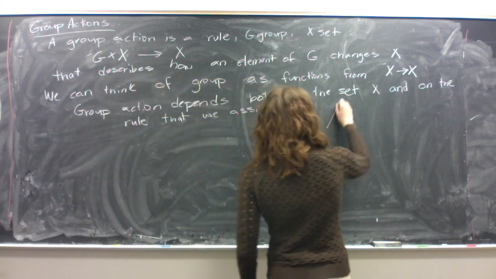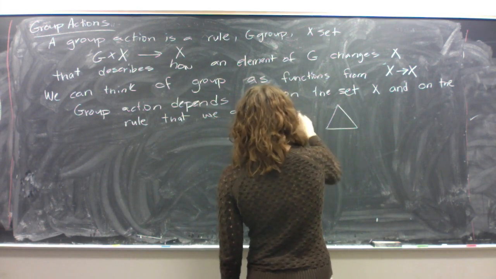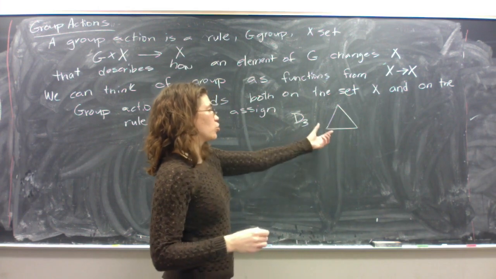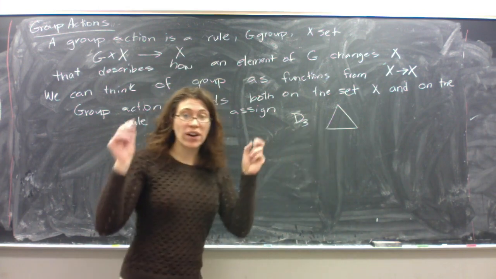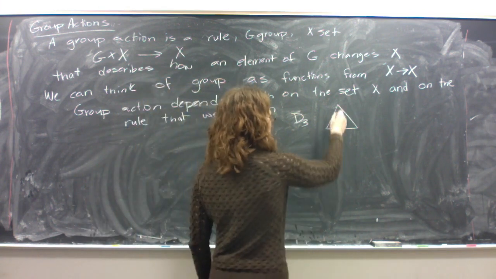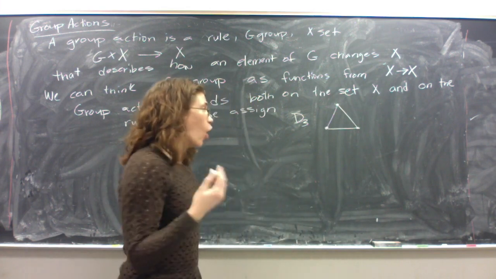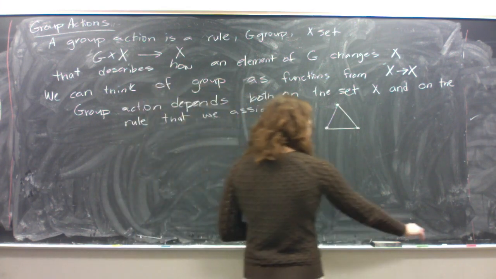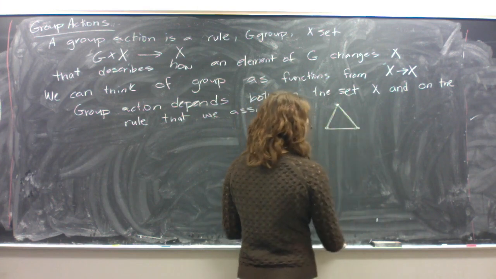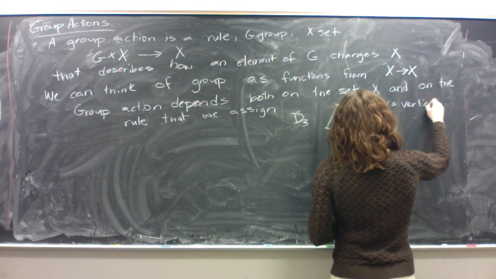In particular, we'll look at the symmetric or the dihedral group on 3 elements and what it does to the triangle. But what it does to the triangle can mean many things. We can look at what it does to the vertices of the triangle, but we could also look at what it does to the edges of the triangle. So we have a few options for X. We could have that X is equal to the vertices.